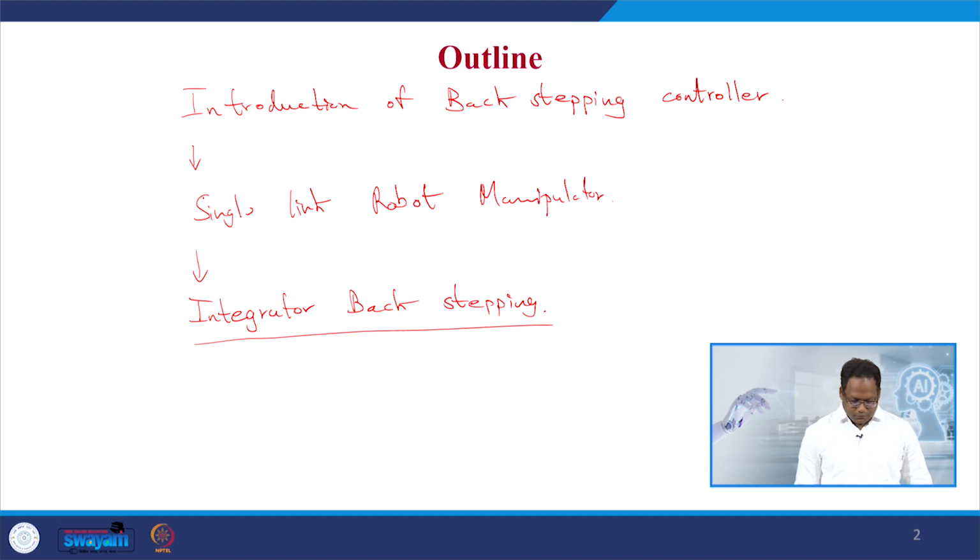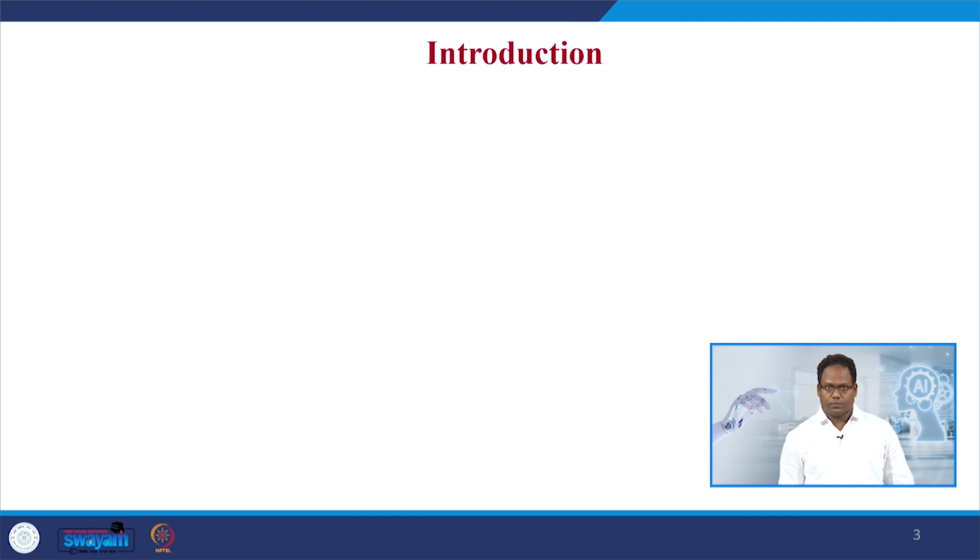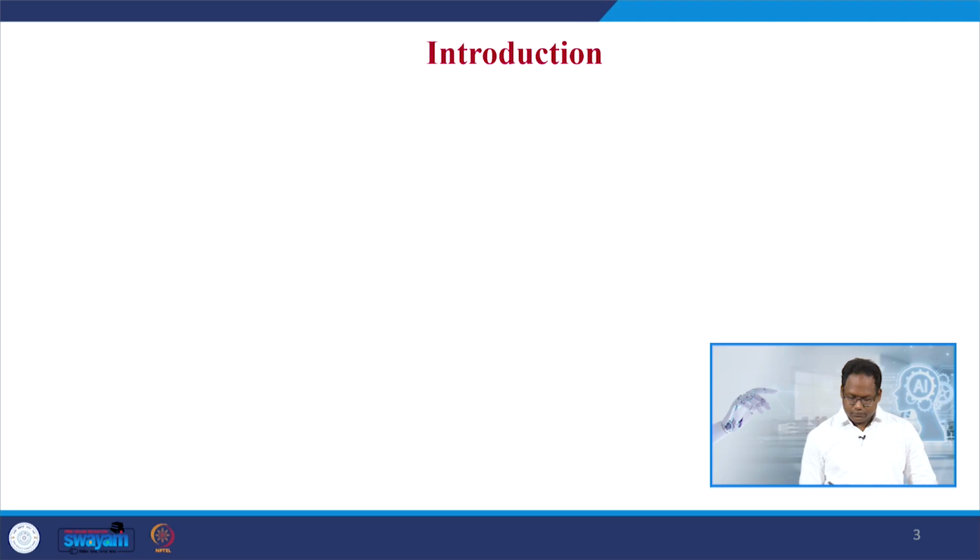So, coming to the introduction part of backstepping, in the year 1990 the backstepping has been designed for the purpose of developing a stabilizing controller for a special case of nonlinear systems. The backstepping approach provides a recursive method for stabilizing the origin of a system in its strict feedback form.